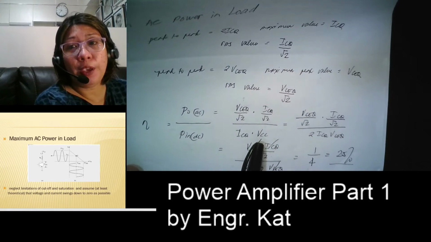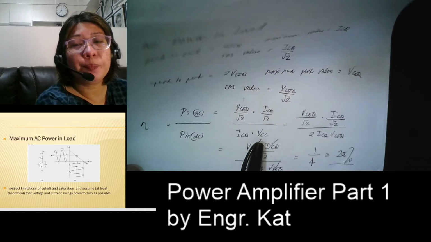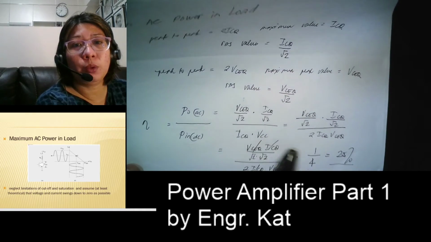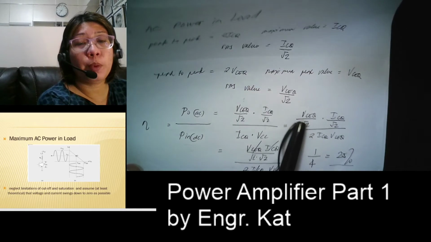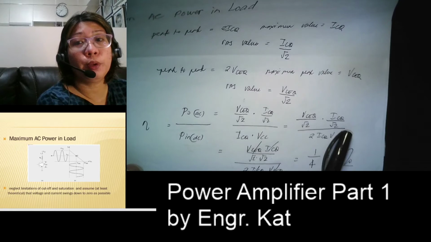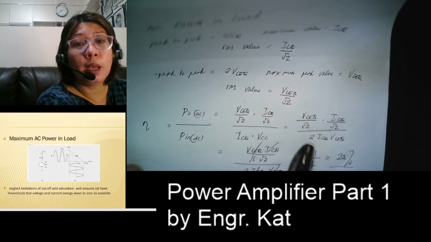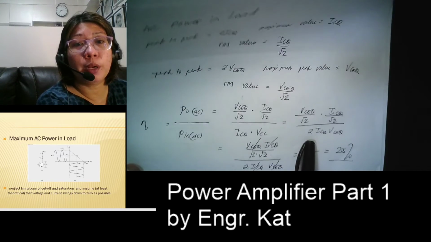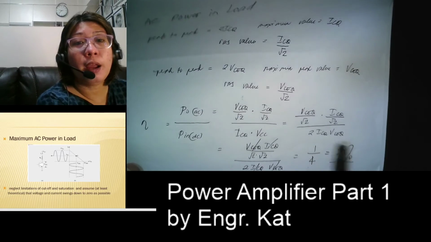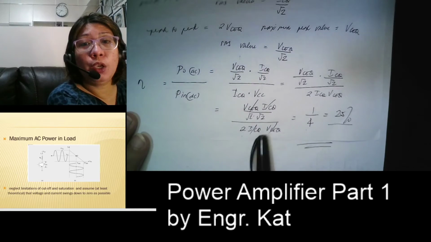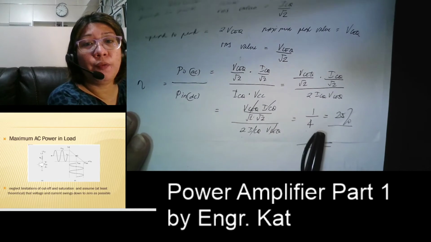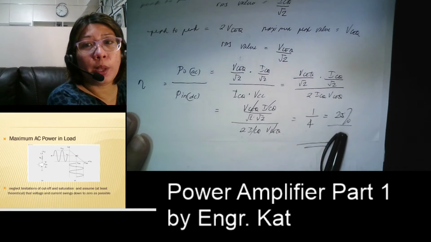But looking at the figure, since we maximize it, your VCC is equal to twice your VCEQ. Therefore, square root of 2 times square root of 2 is equivalent to 2. Placing that in the denominator and multiplying by 2 here, your ICQ and your VCEQ will cancel out, giving us 1/4 or 25%.